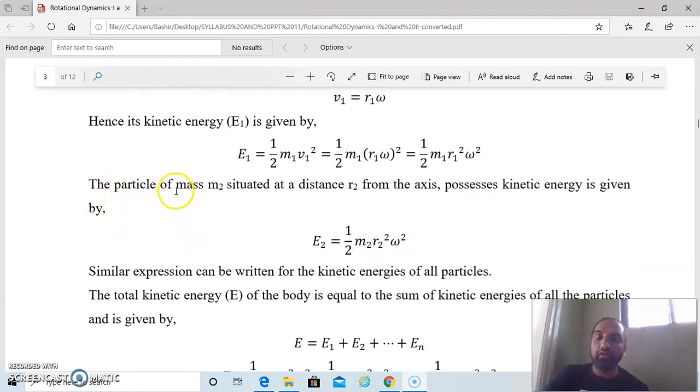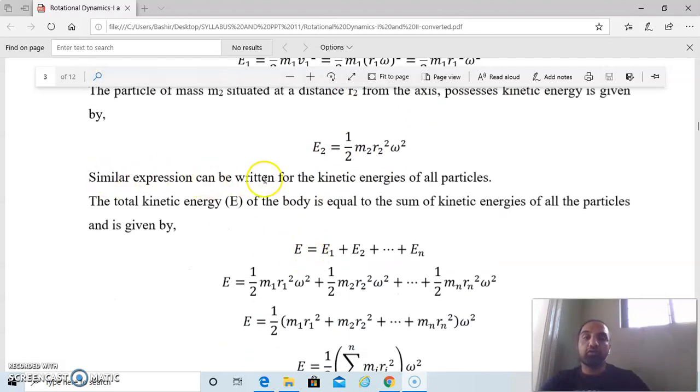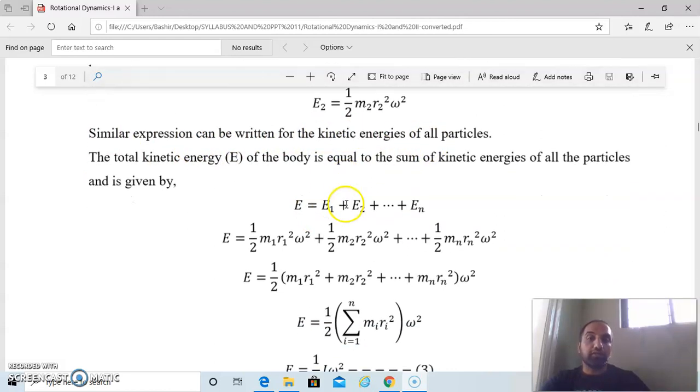For the second particle, whose mass is m2 and distance from the axis of rotation is r2, the kinetic energy is given by E2 equals 1/2 m2 r2 square omega square. A similar expression can be written for the kinetic energy of all the particles.